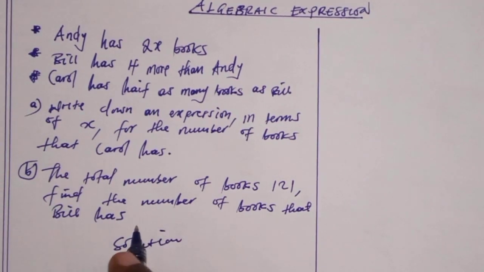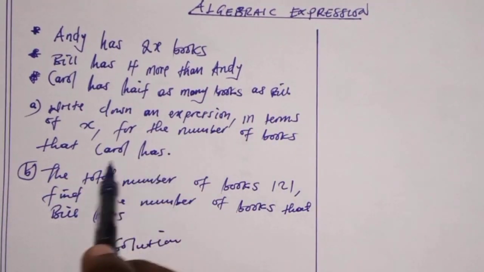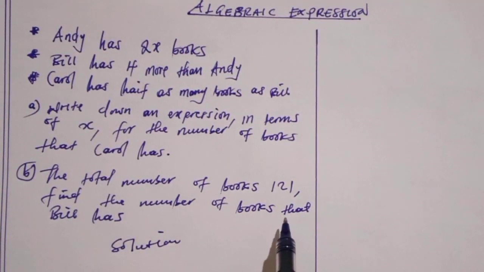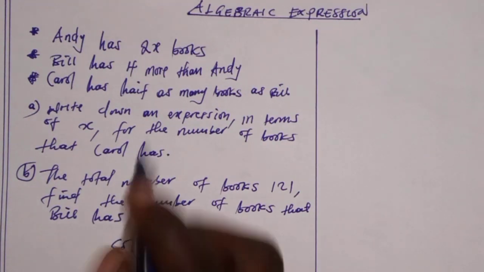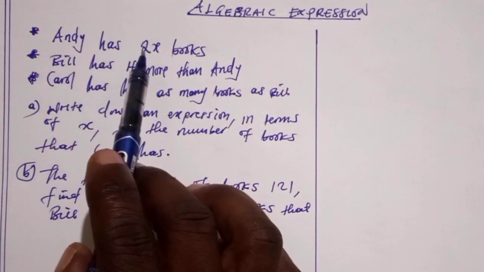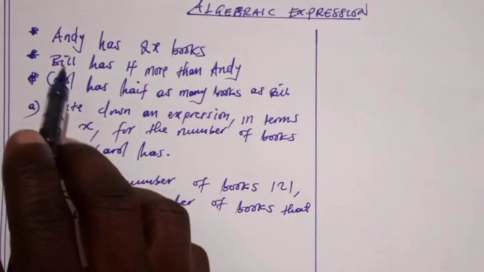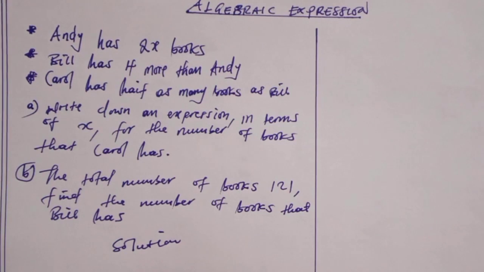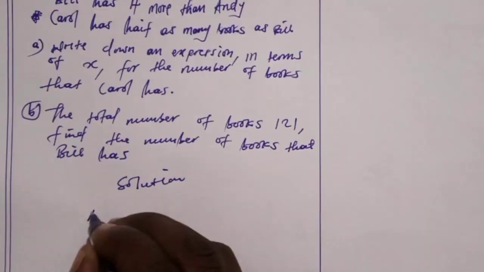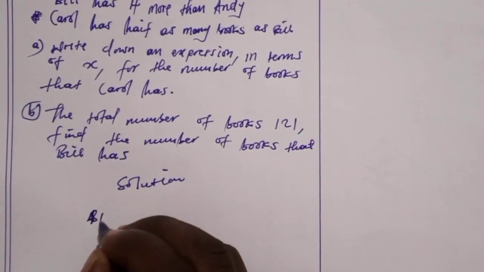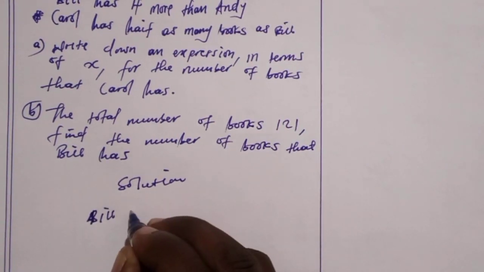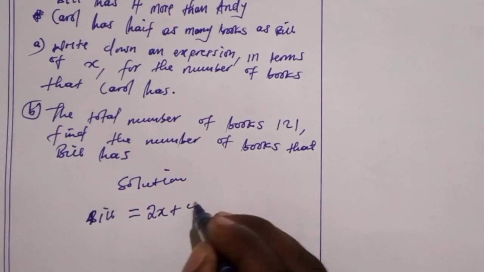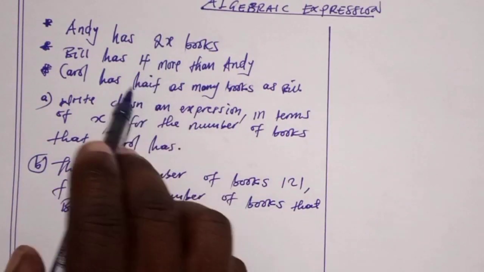here the question is saying we have to find the number of books that Carol has and the number of books that Bill has. We are told that Andy has got 2x books and Bill has got 4 more than Andy. So for Bill, it will be 2x plus 4, because it is more than 2x.